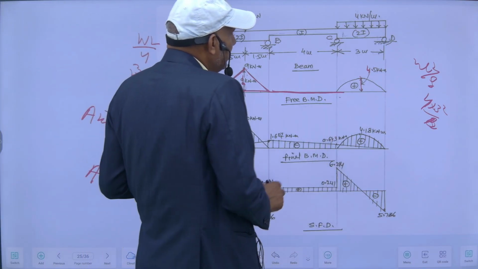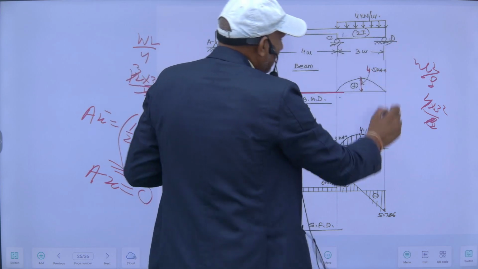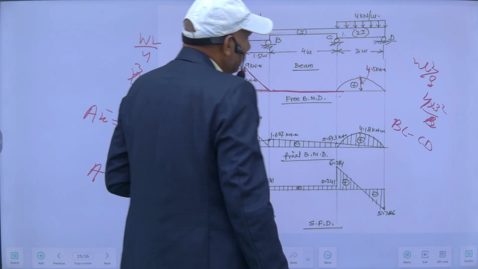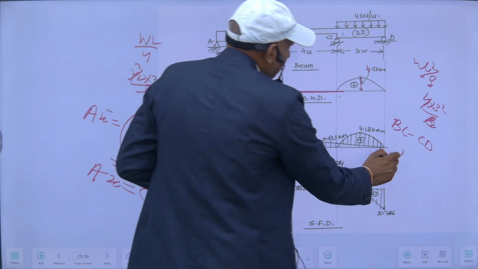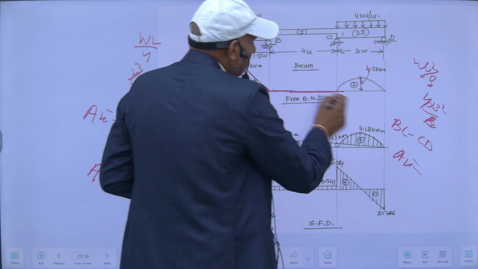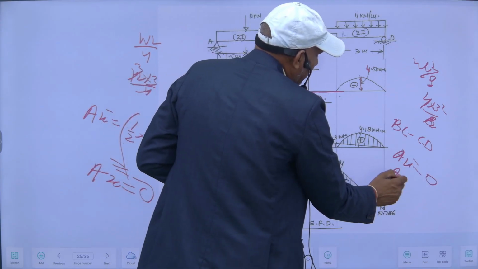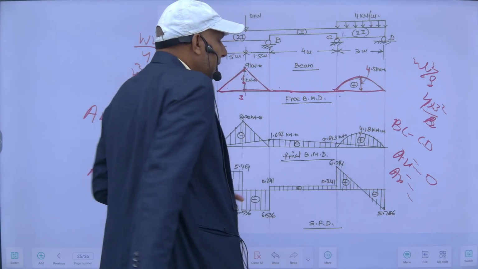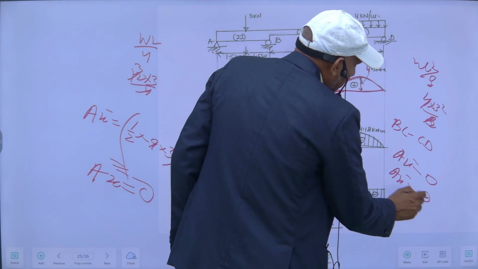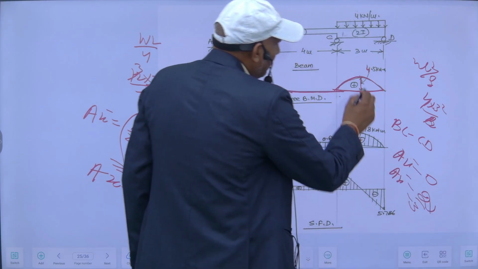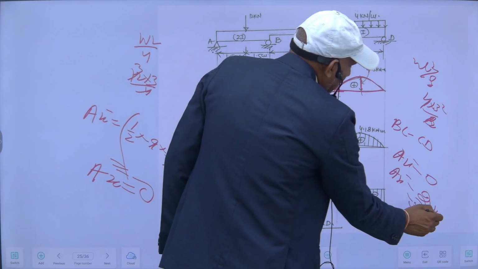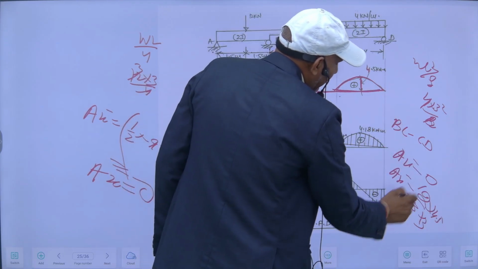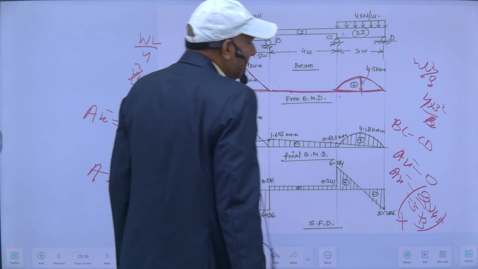Similarly, when I apply the 3-moment equation for BC and CD, the AX bar for the first span is 0, and the AX bar for the loaded span will be the area of the parabola, which is 2 by 3 of the ordinate into the length.